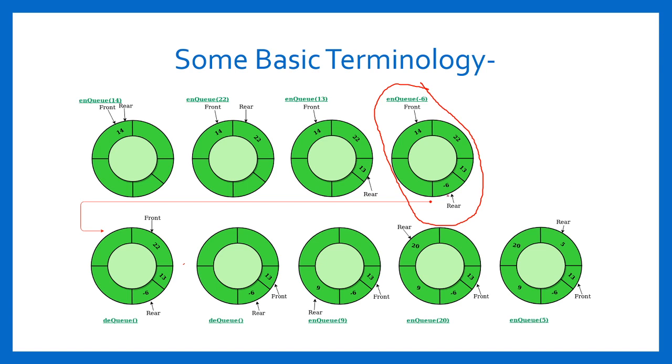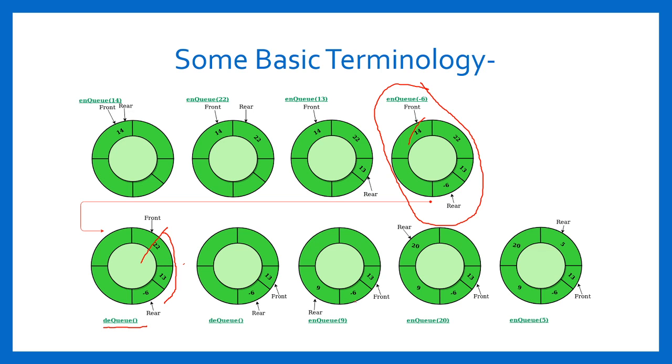Now we start to dequeue the elements. First we dequeue from the front, where the front is pointing. So the 14 element is dequeued, and it becomes this. Now the 22 element is dequeued, it becomes this. Front and rear come side by side.